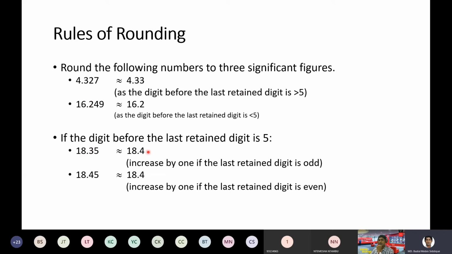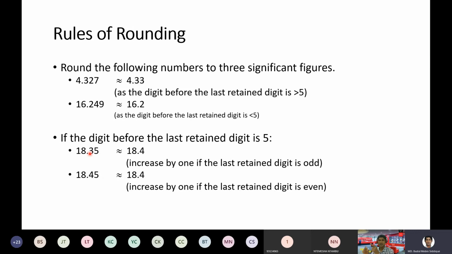Okay, if the digit before the last written digit is exactly 5, not bigger than 5, but 5, then there is another consideration. If the digit before which one needs to be rounded off is odd, then it will be rounded off.